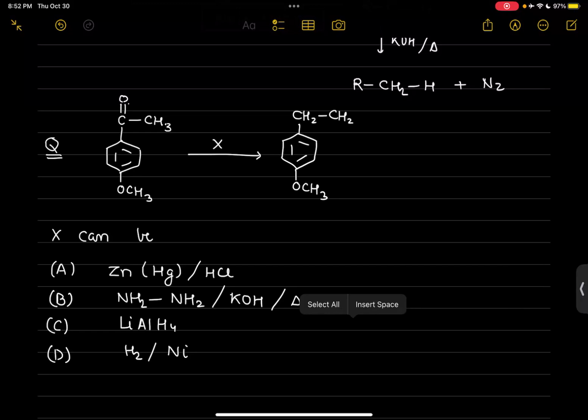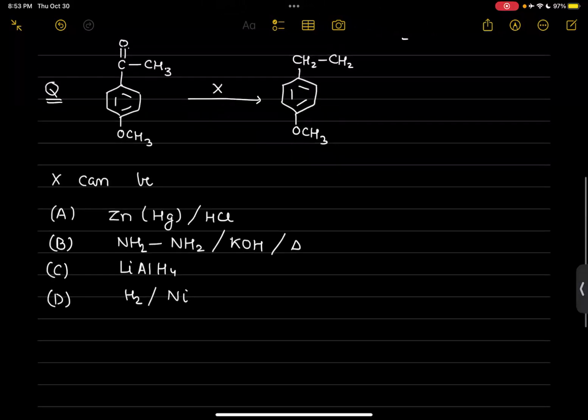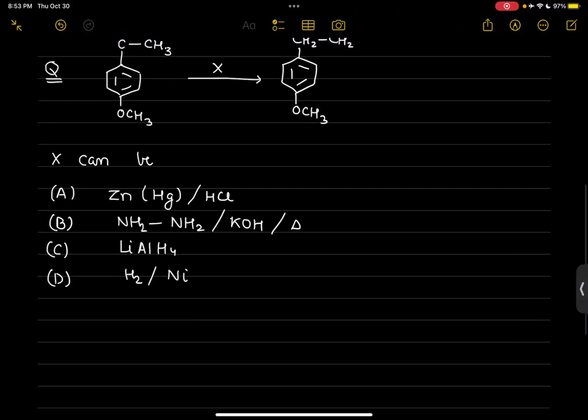You need to convert the C double bond O to alkane. But there is one more thing which you will notice, that the ether at the bottom has remained as ether only. You can see this bottom group is the same because that is not getting reduced. Only C double bond O will get reduced. So you need to tell me which is the right option.